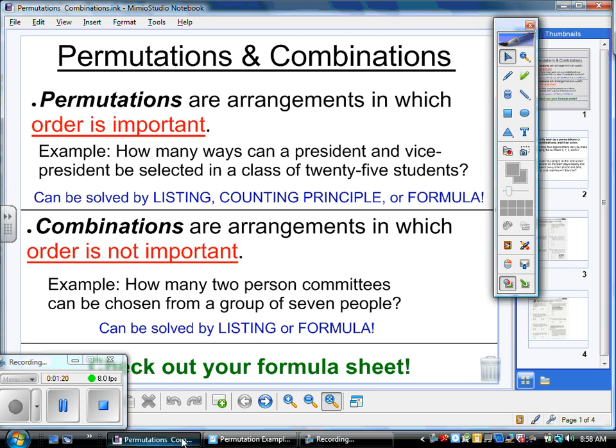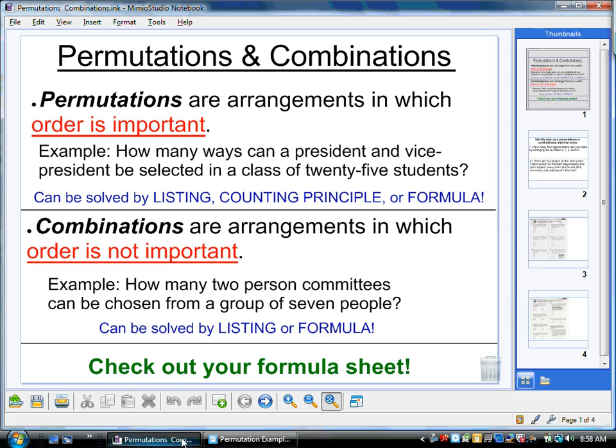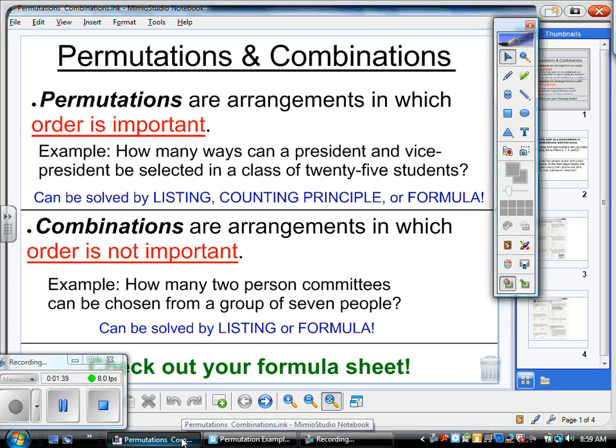There are 3 ways to actually solve these examples of permutations. One is listing. Personally, not one of my favorites because it is very easy to leave something out or double count something. The counting principle, which in my opinion is actually the way to go. The counting principle I'll circle here is going to be the way we focus on solving problems that are permutations.